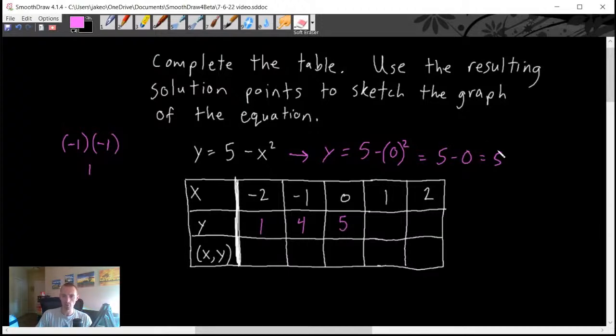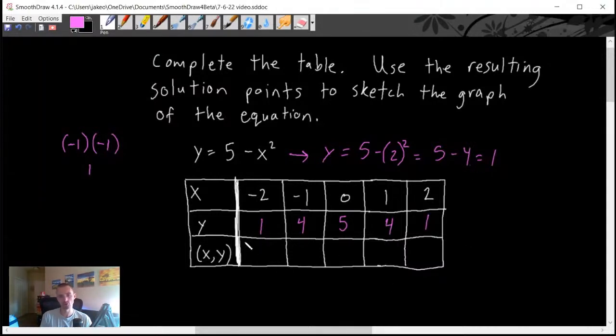Then we replace our x with +1 this time. 1 squared is 1, so we have 5 minus 1, which is 4. And then similarly, we put in +2. 2 squared is 4. 5 minus 4 is 1. So these are the different y values.